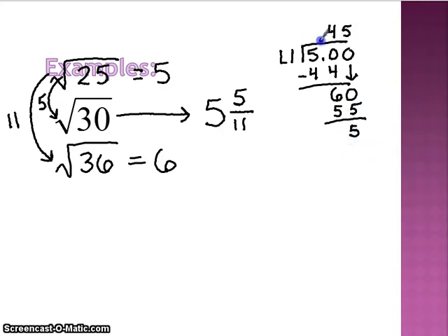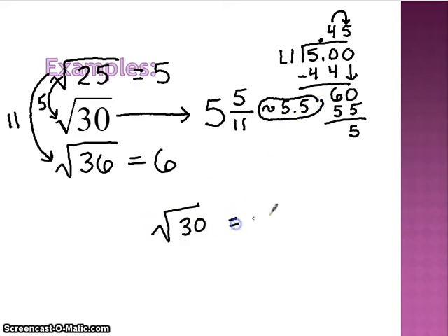But this gives us enough to round to the nearest tenth because we can look to the right, decide that the 4 rounds up to a 5, so this is about 5.5. We can say that the square root of 30 has an approximate value of about 5.5.